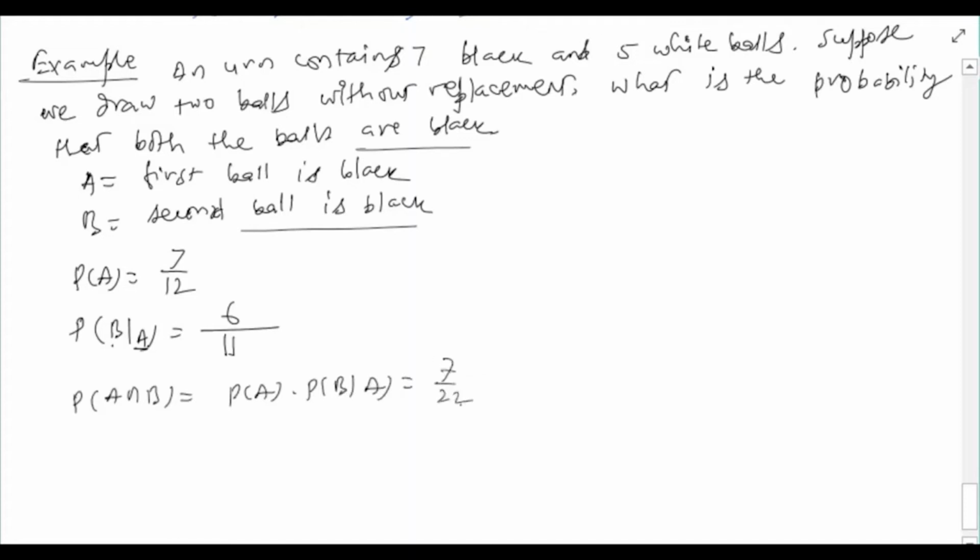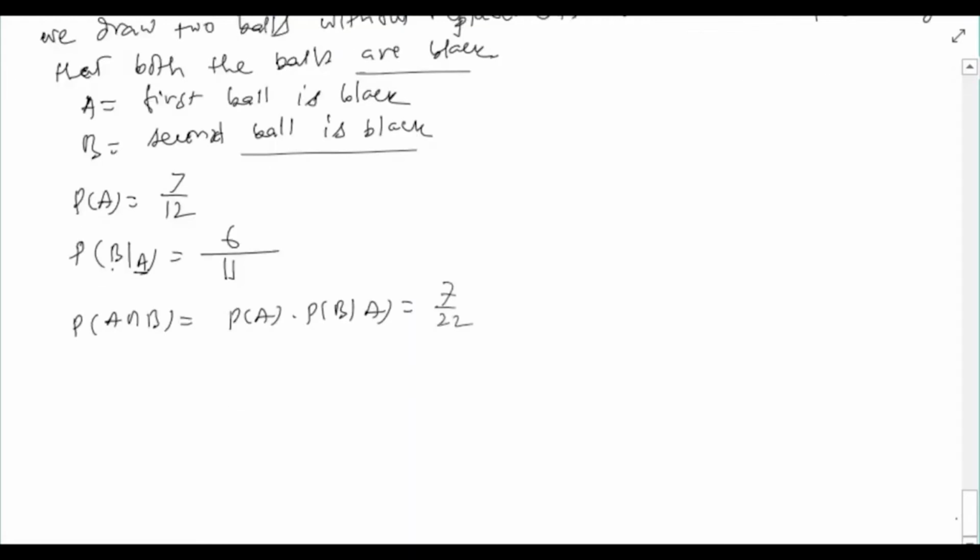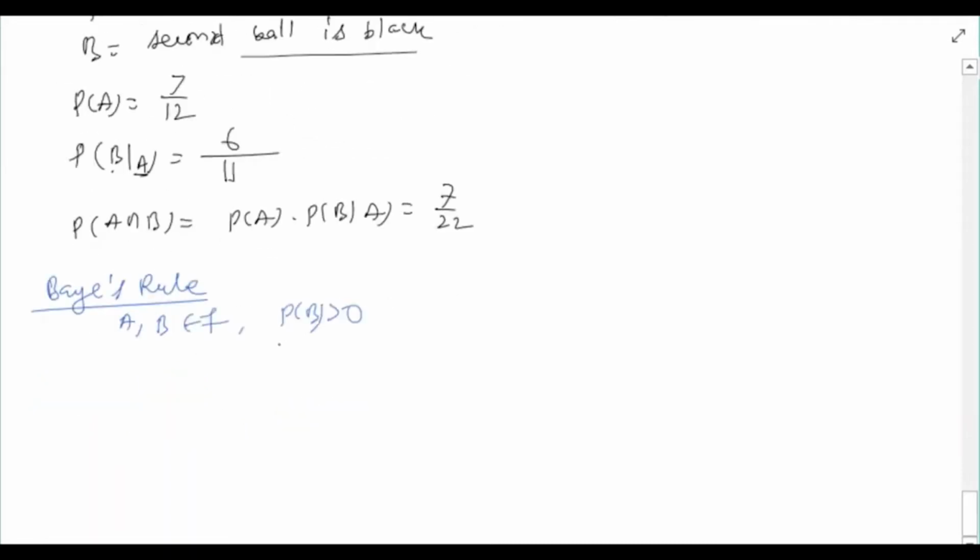7 by 22. Next we will see a very important rule, referred to as Bayes rule. As before, assume that A and B are two events such that the probability of B is strictly positive.